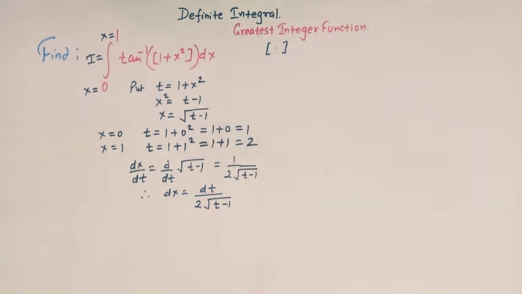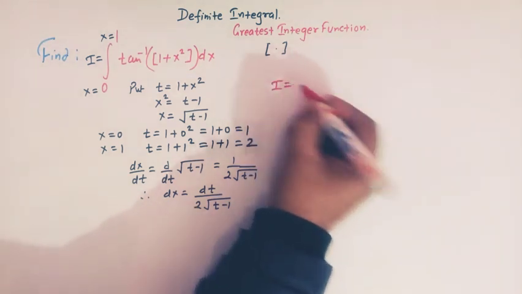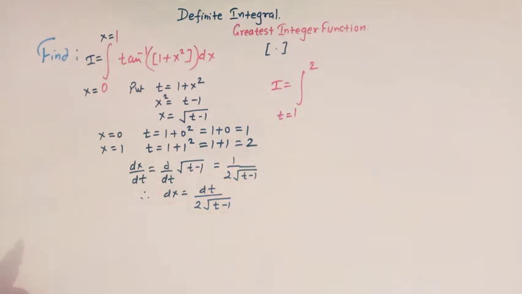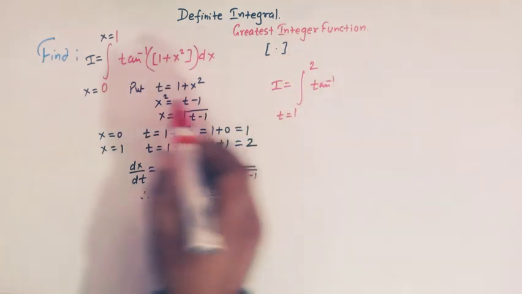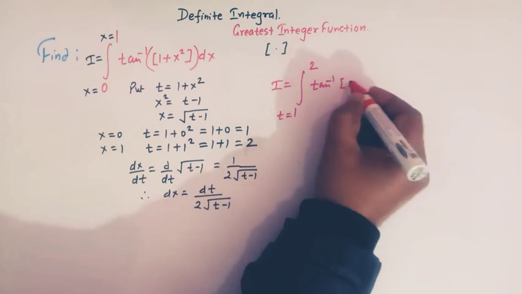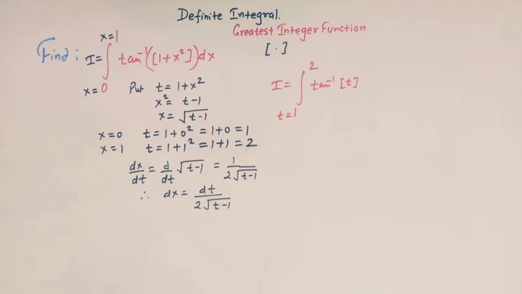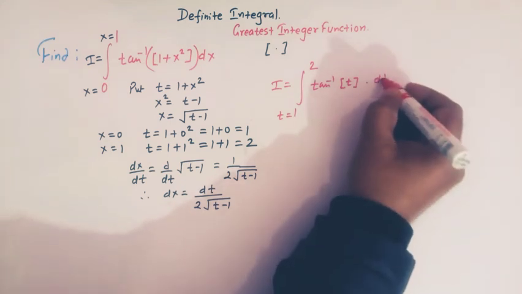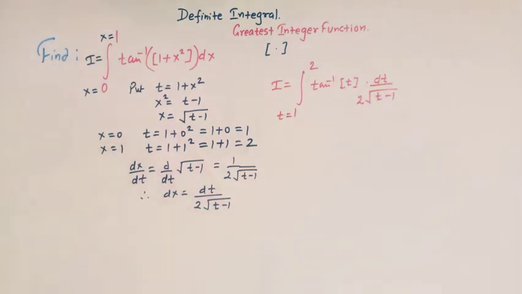So we can write our original integral as I is equal to the integral from 1 to 2, so now t varies from 1 to 2, of tan inverse of the greatest integer t, because 1 plus x square is equal to t, and for dx we have dt over 2 times square root of t minus 1.